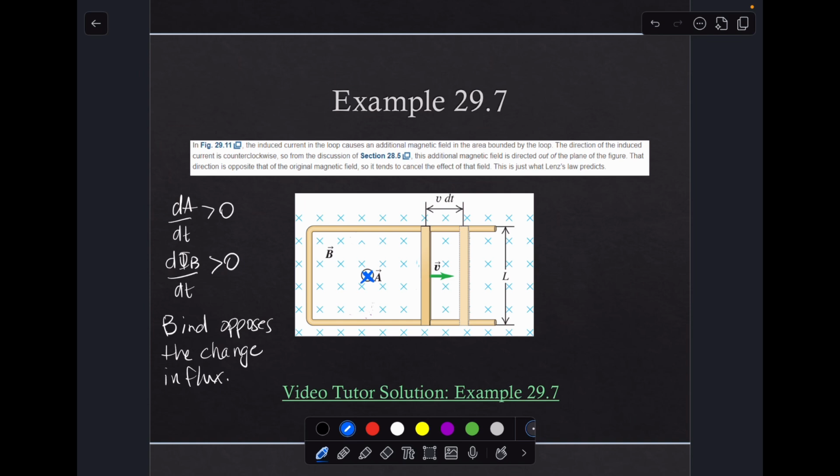What we need to do is impose a magnetic field opposite to this one, pointing in the opposite direction to B. That's going to be our direction of B induced, because we want to oppose the change in flux. We want to stop it from increasing.